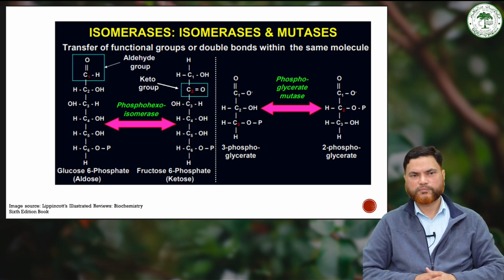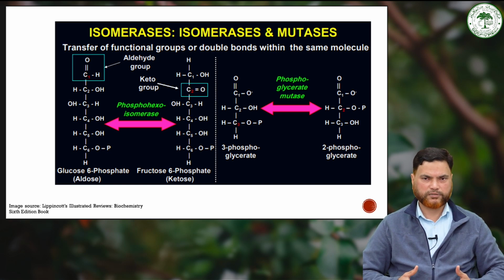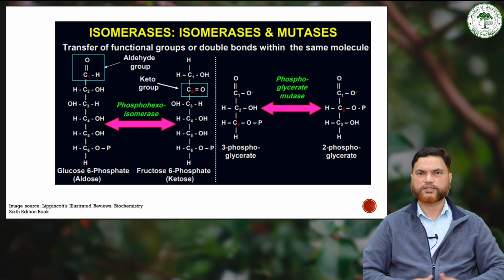Now, isomerases. This class of enzymes transforms a molecule from one isomer to another isomer, resulting in the same molecular formula but with a different structural arrangement.